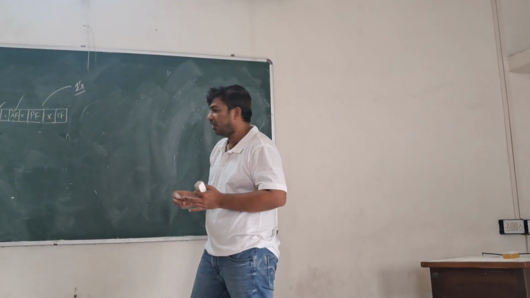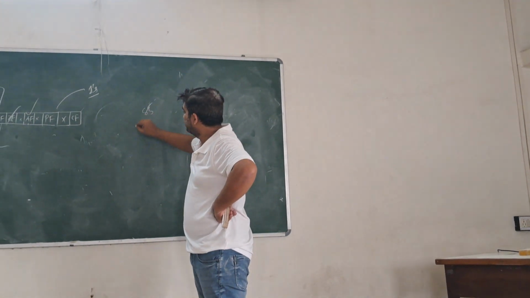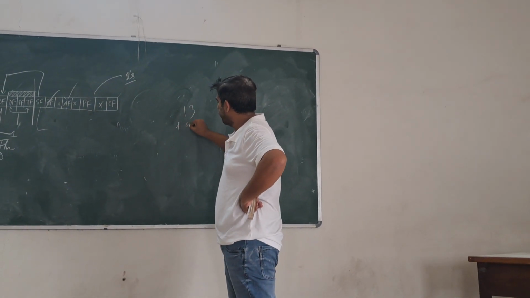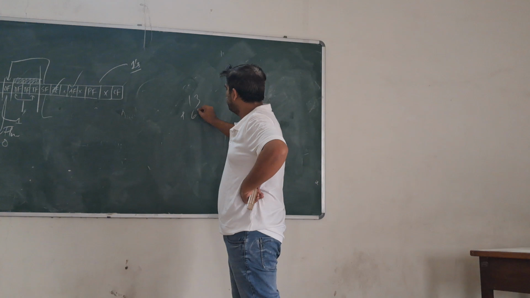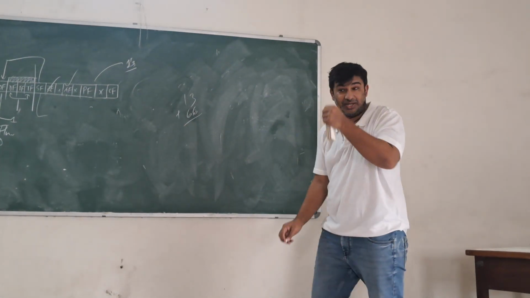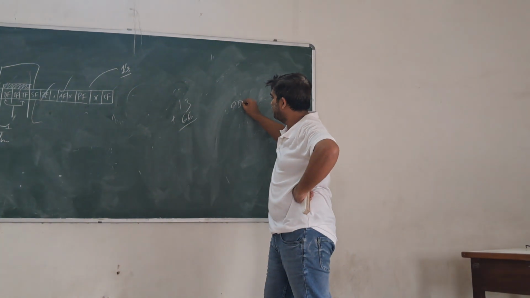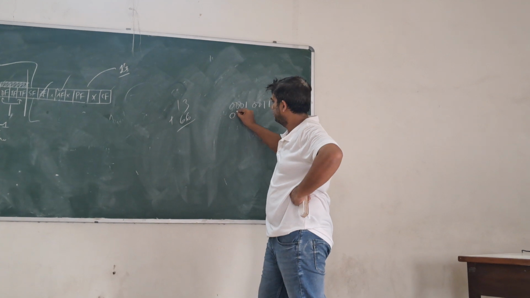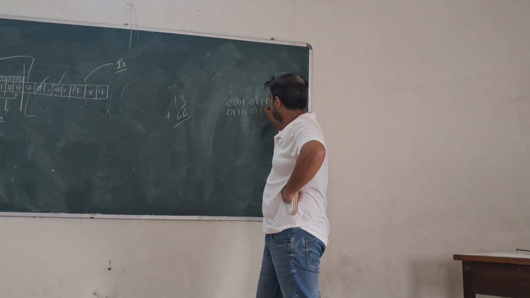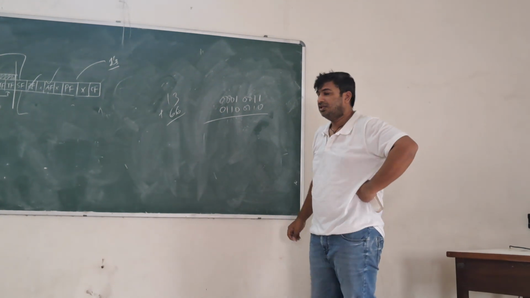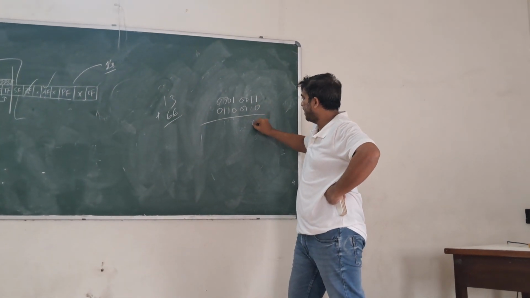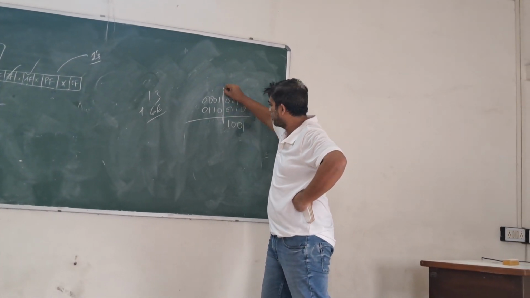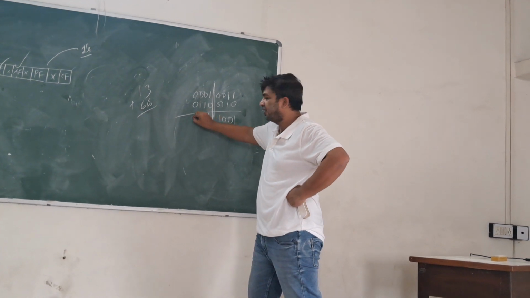Last example. Suppose 85 minus 13 plus 19, 66. So these are my numbers. 1 plus 1, 10, 1, no carry, over here no carry, 1, 0.